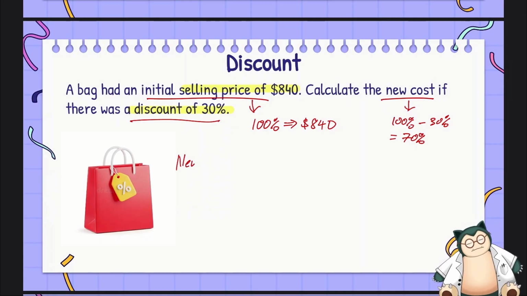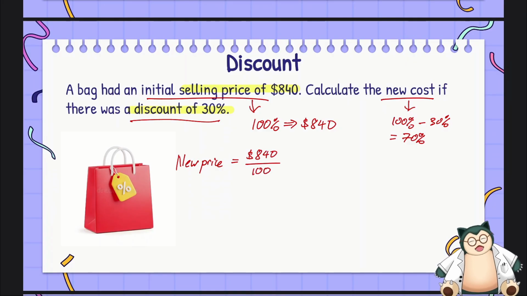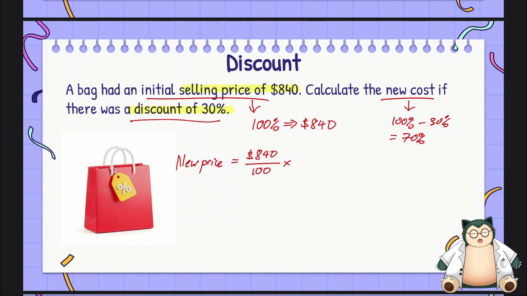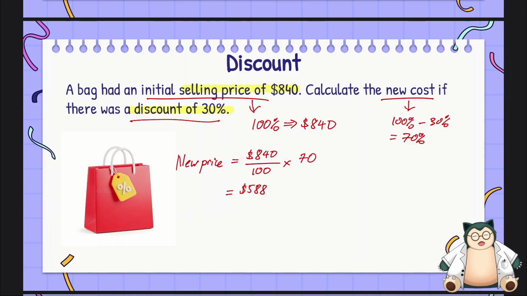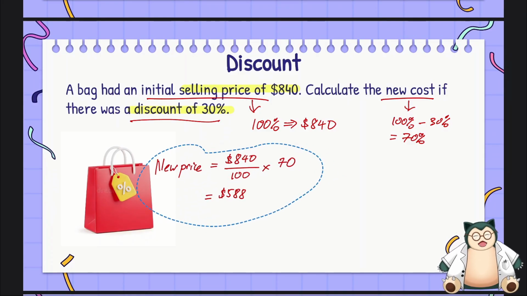So our new price would then be $840 divided by our initial 100%, alright, 100 parts to get 1%, and then we multiply by 70, which gives us a value of $588. Okay, this will be the fast method.